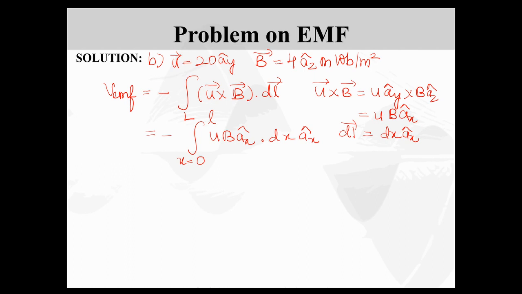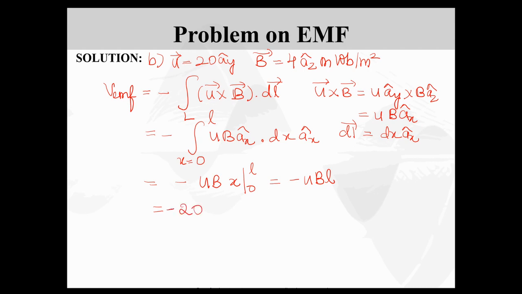Now this integration will be for x, so for a length 0 to L, over the length of the conducting bar. So this can be written as minus UB, the integration with respect to x, that is x with the limit 0 to L. So this is going to give us UB into L. So what is u? The magnitude of u is 20.